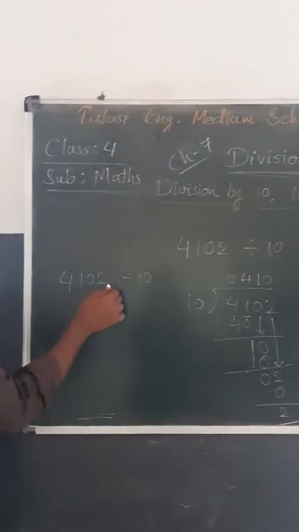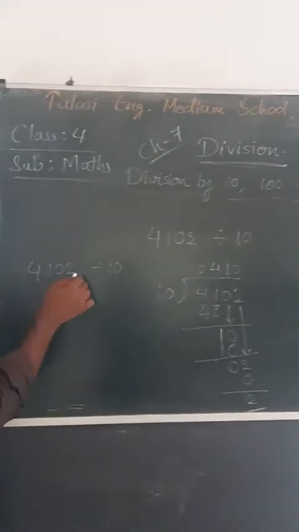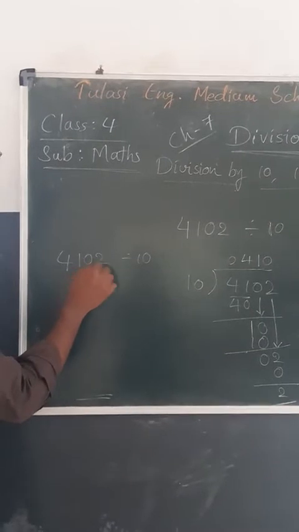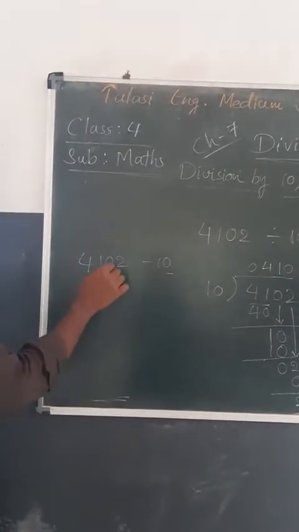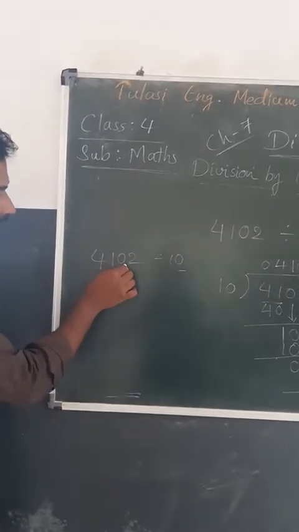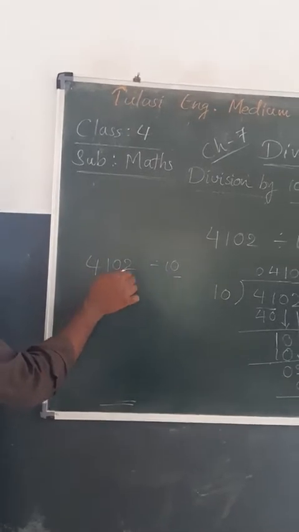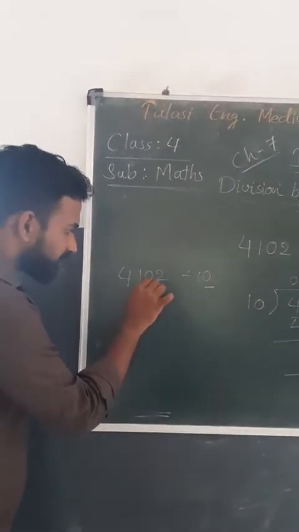Here we have to go one place backward. In 10 we have one zero, so one place we have to go back. We have to remove one place.